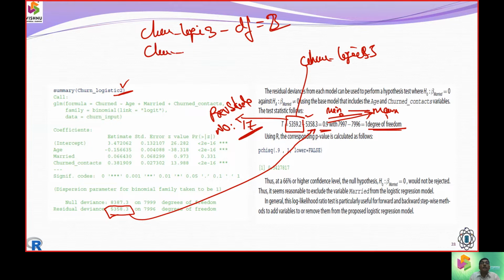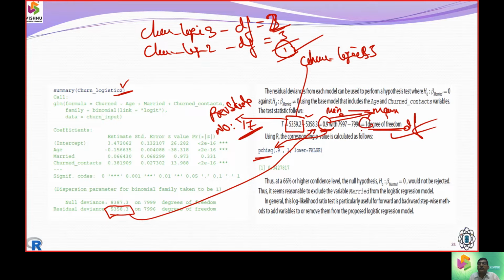Now in churn logistic 2, degree of freedom is equal to 3. Now we are going to get this 1. So degree of freedom is equal to 1. Now we got this value 0.9 as an interval, and we are going to send it to the chi-square method with degree of freedom 1.